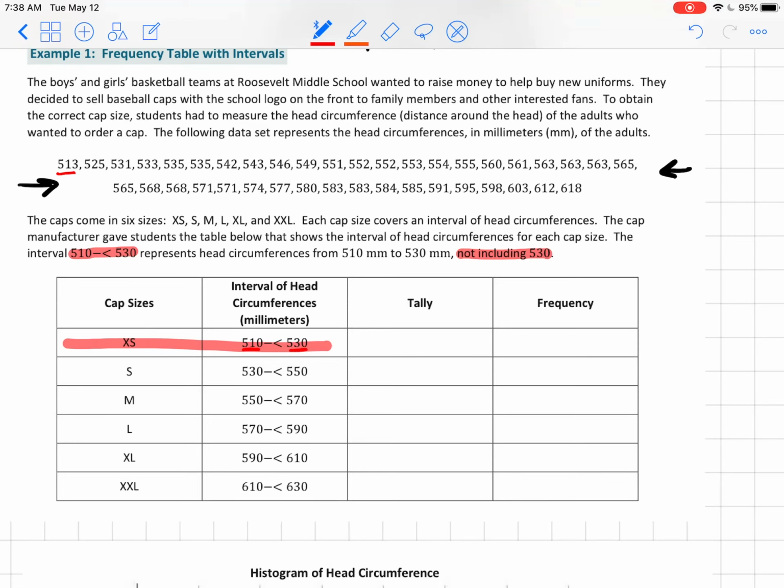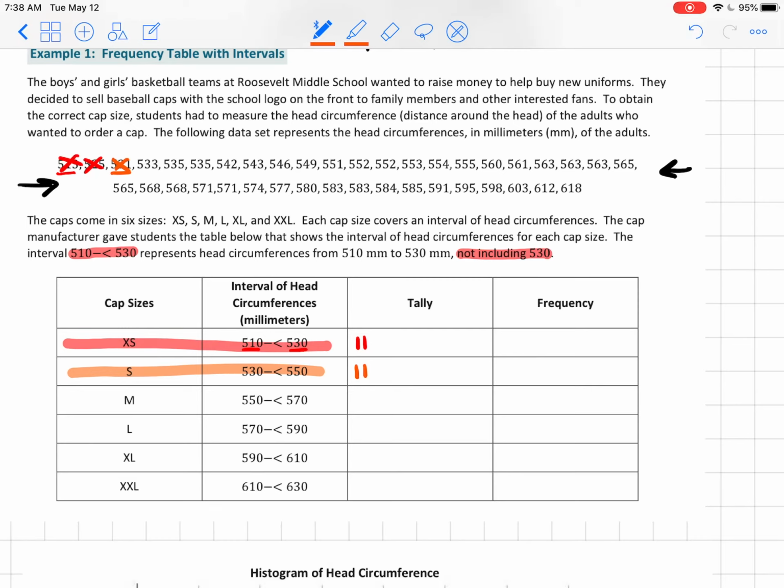So 513 is actually going to be an extra small. 525, you would also wear an extra small. 531, since that's bigger than 530, we need to go the next size up, and we need to go to a small.